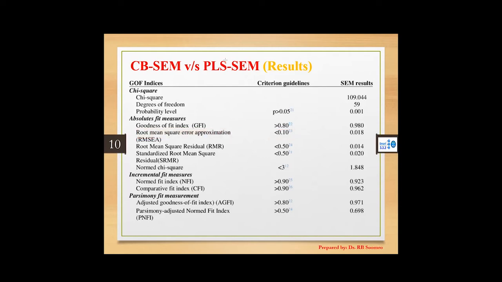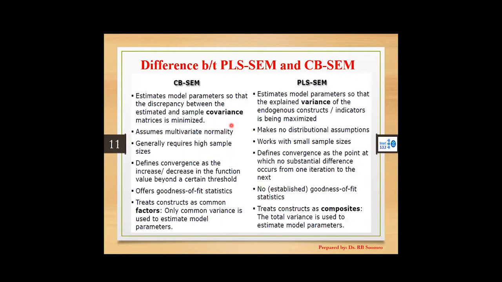Please go through them yourself. And then these are some of the differences between CB-SEM and PLS-SEM. These will tell you which approach you should choose. For example, CB-SEM estimates model parameters so that the discrepancy between the estimated and sample covariance matrix is minimized.